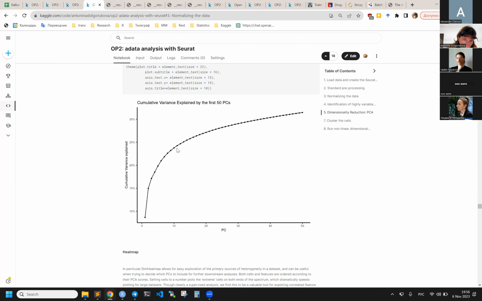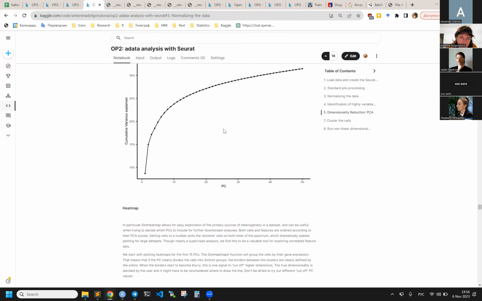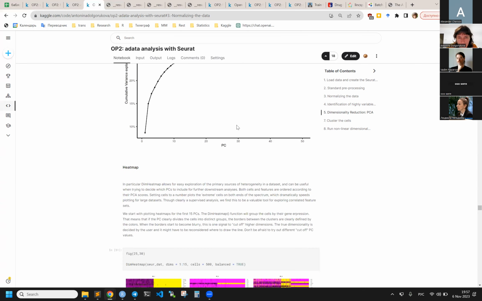And here, I would say none of them explain the variability well. Anyway, it's okay. This picture, I don't know what it says actually. Maybe after 20 principal components it became less informative. This one, I don't know.